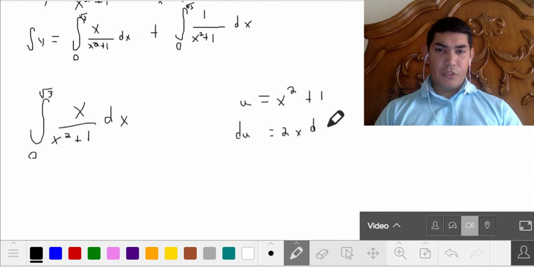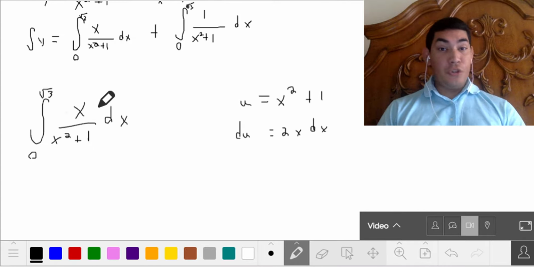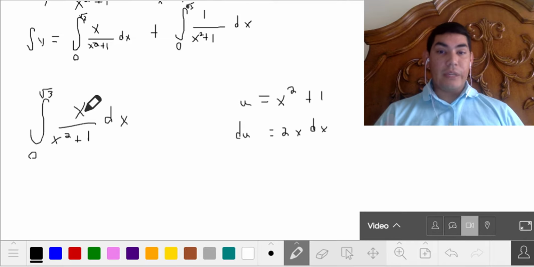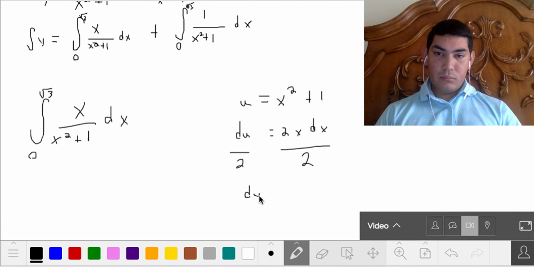If we look at our integral, we have x squared plus 1 on the denominator, so that's going to be our u, but our numerator only has an x, and our du is equal to 2x dx. So let's divide by 2 so it can correspond to the same terms. So we have du divided by 2 equals x dx.